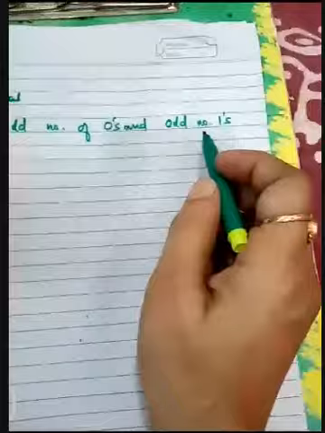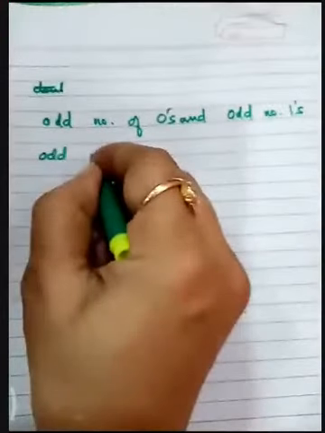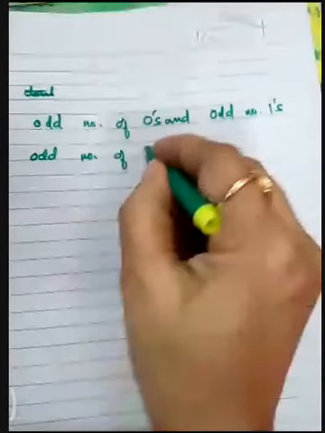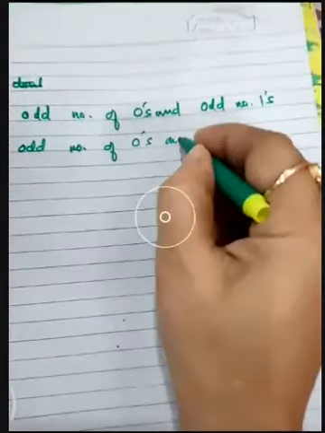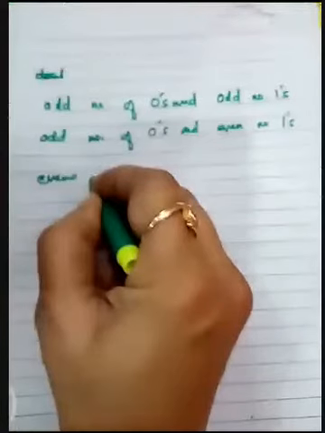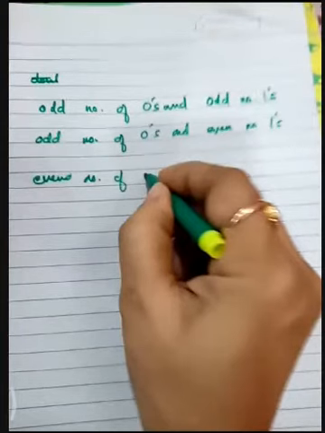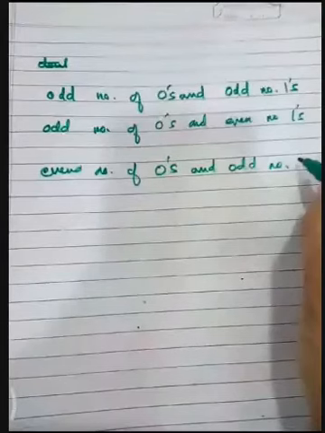Second case will be odd number of zeros and even number of ones. Okay. Third is even number of zeros and odd number of ones.